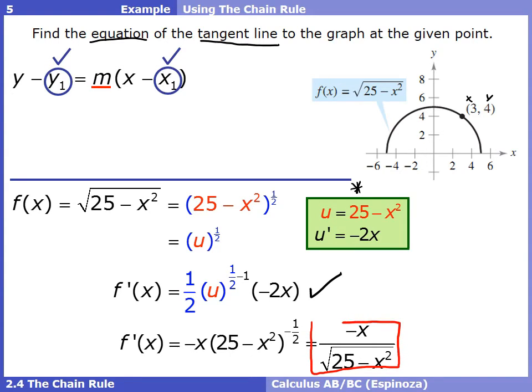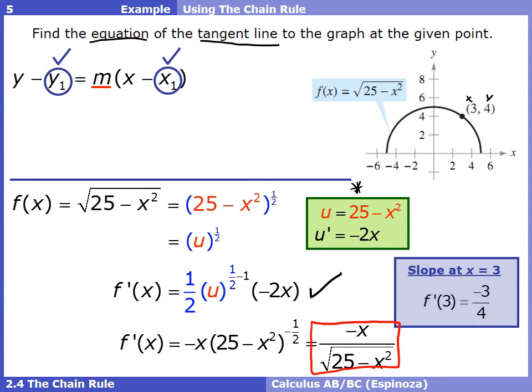So this is the version of the derivative we want to use to now find the slope at x equals 3. To find the slope at x equals 3, we need to take the value of 3 and plug it into our derivative right here. When you plug in 3 into that expression, you'll find that the slope turns out to be negative 3/4.